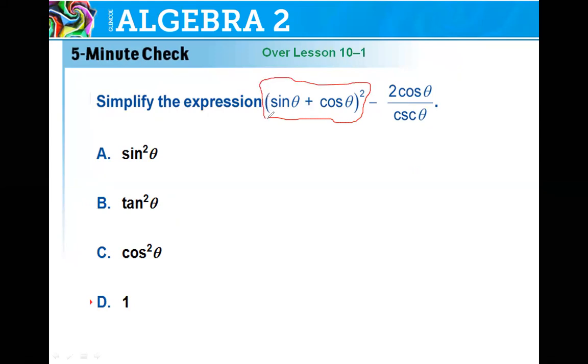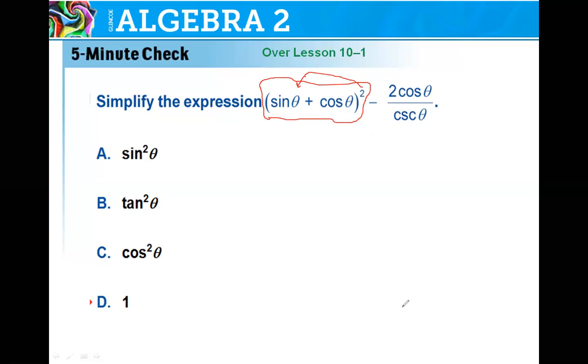This is called a perfect square. The perfect square, we expand it as sine theta, then plus and minus, right? No. This is a bracket all squared, not the square here and the square here. It's a big difference.